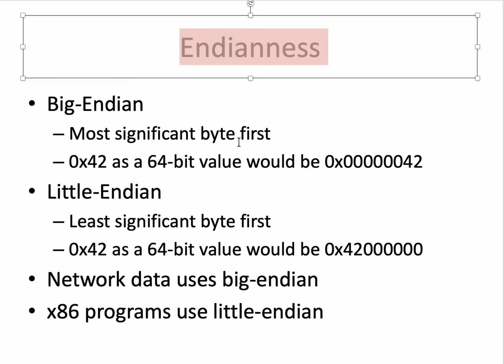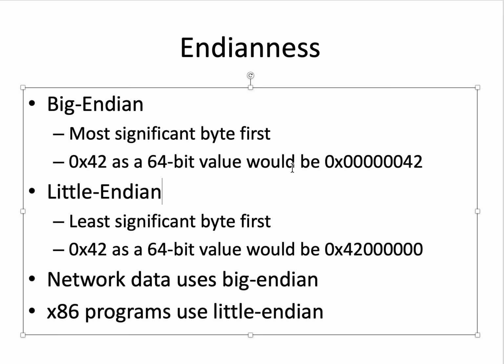There's big endian, in which the most significant byte is first. So because 0x42 is a 64-bit value, it would end in 42. Little endian is least significant byte first, so that's why 42 is represented in the beginning here.